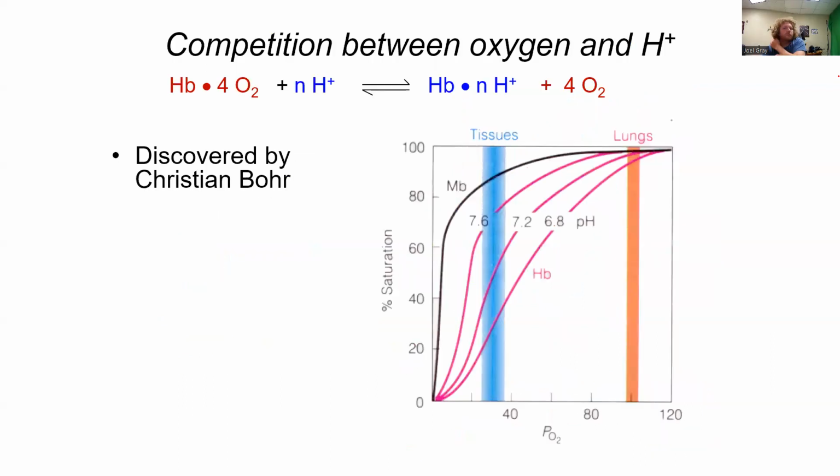Now, there was a scientist by the name of Christian Bohr, and he studied pH. He studied how pH impacts O2 binding. And for this graph, what I'd like you to focus on is this curve right here.